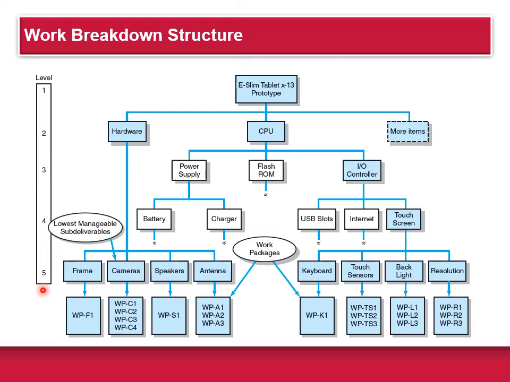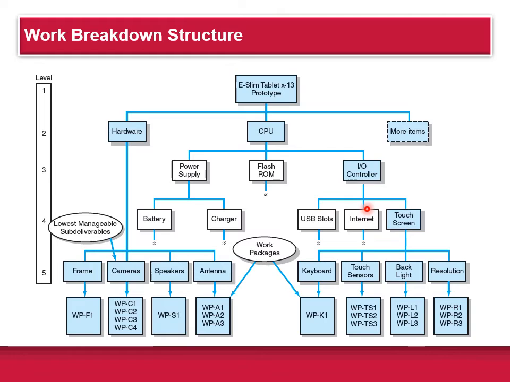So the levels of the structure not only break down the final project into sub-assemblies, they can also be used to represent information for different levels of management. For example, level 1 information represents the project objective and is useful to top management. Levels 2, 3, and 4 are useful for middle management, and level 5 is very useful for first line managers.